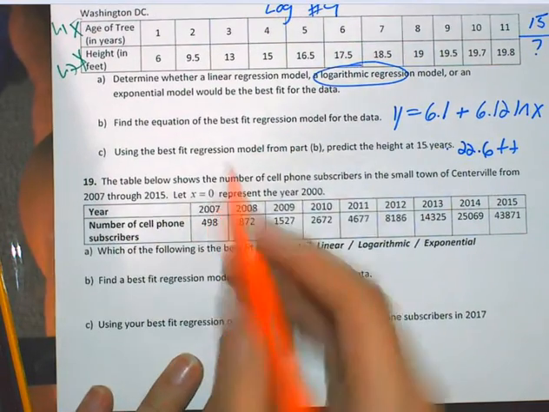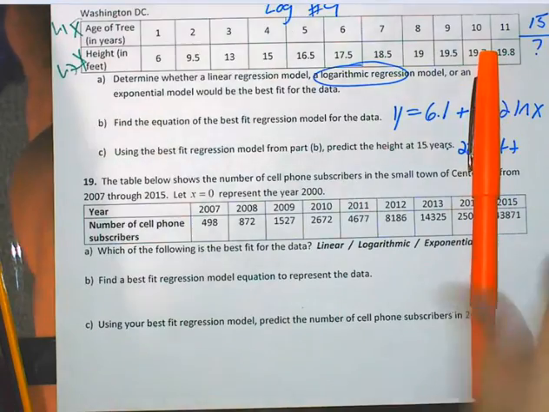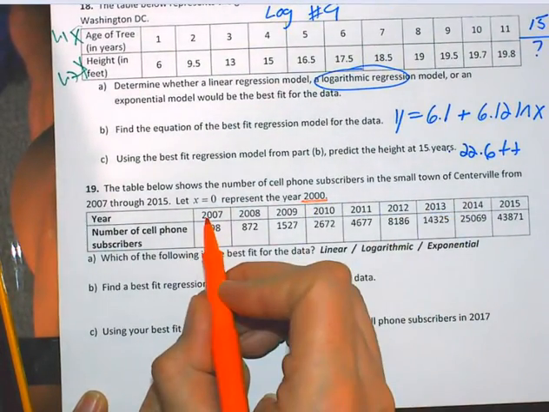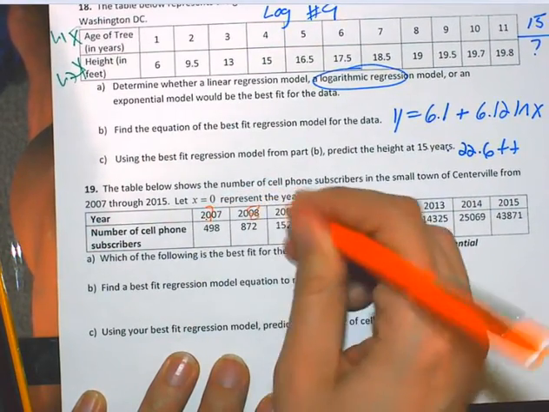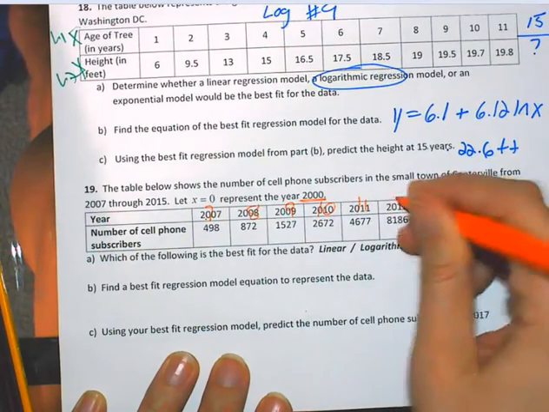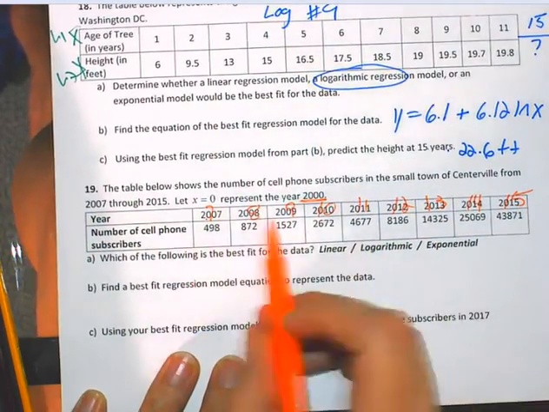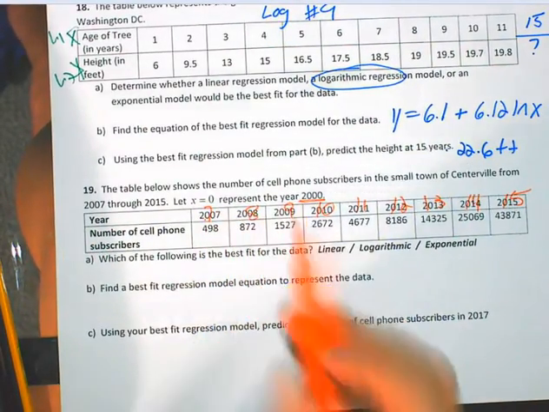So the first thing I want to point out here is that x equals 0 is 2000, and my chart starts at 2007. So this is going to be 7, 8, 9, 10, 11, 12, 13, 14, 15. Okay, so we're going to enter that information instead of 2007, 2008, 2009.